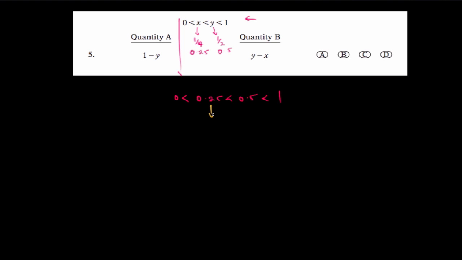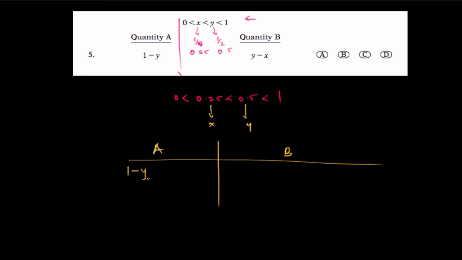This is the number I chose for my x, and this is the number I chose for my y. Let me check the two quantities, quantity A and quantity B, and determine the weight of the two. Quantity A is 1 minus y, so that is 1 minus 0.5, which gives me 0.5.